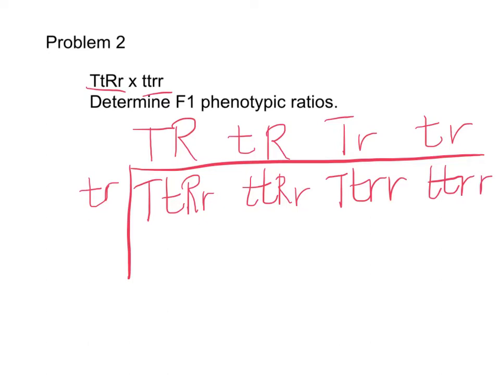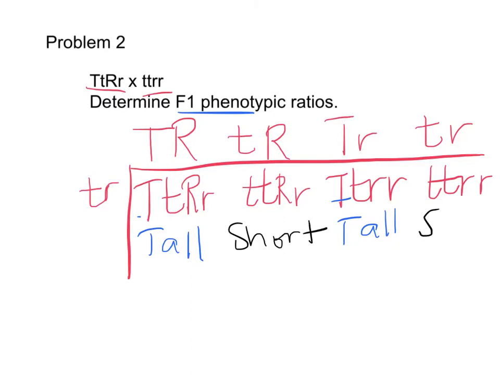But the question is asking to determine the F1 phenotypic ratios. This individual is going to be tall, as is this individual, because they each contain one dominant allele. These two individuals will be short because they're homozygous recessive.